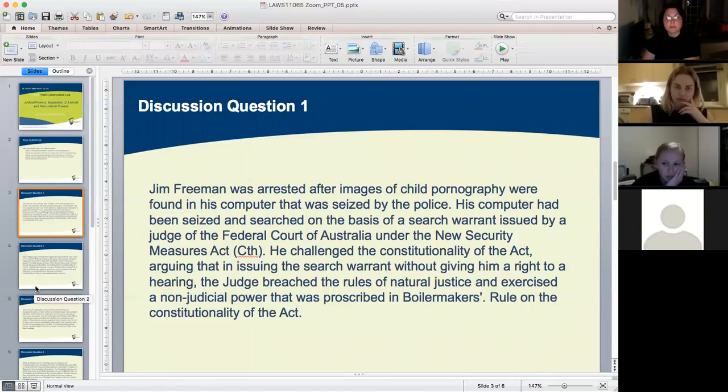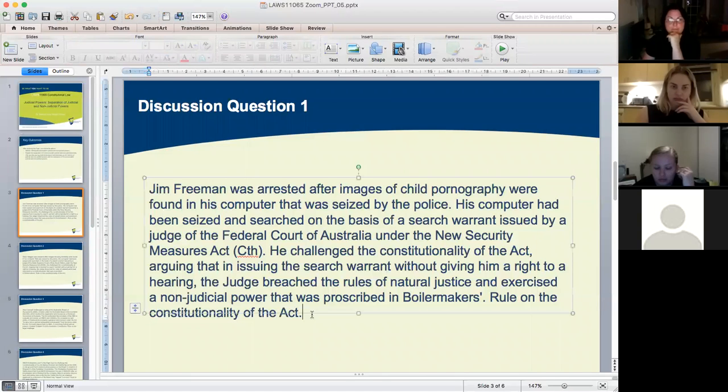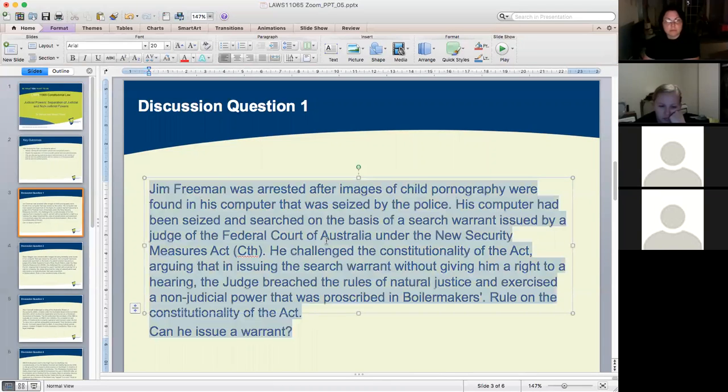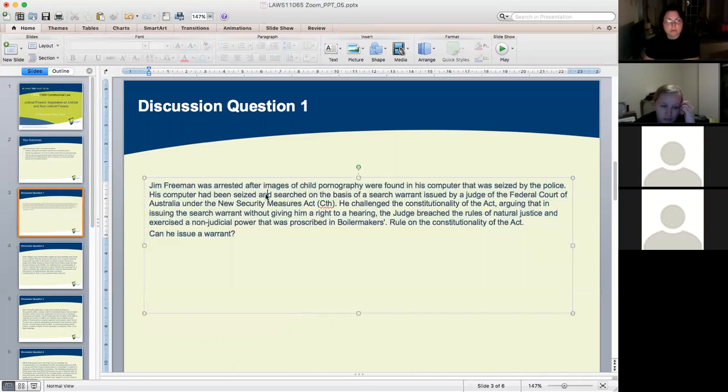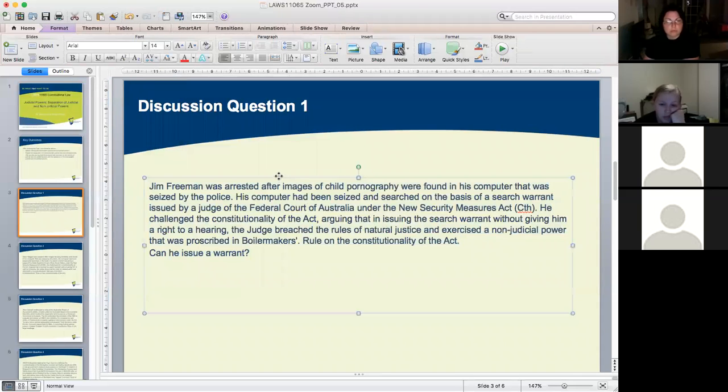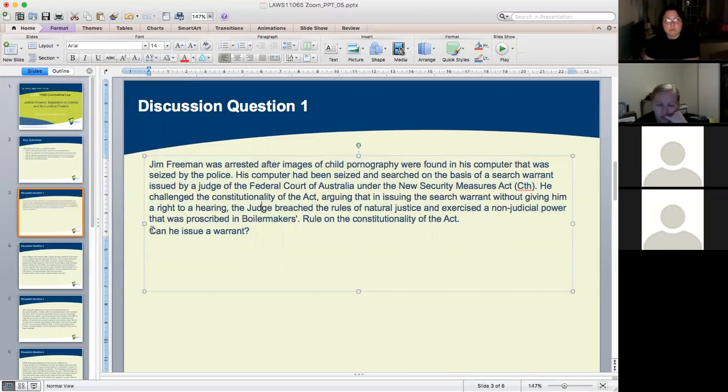I guess, looking at it, the issues are whether the judge is allowed to issue a warrant, and if he's a federal court judge, is he acting within a Chapter 3 court scenario, and whether or not he's allowed to, does he have to participate in procedural fairness or not?